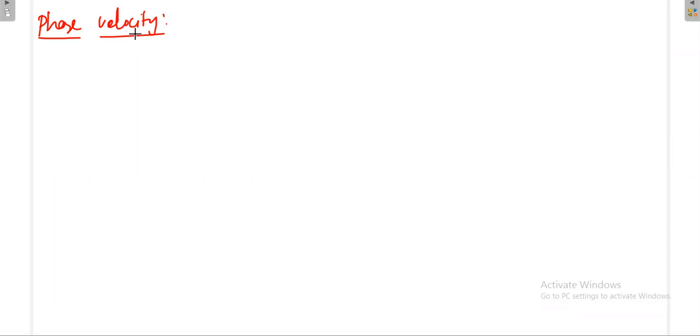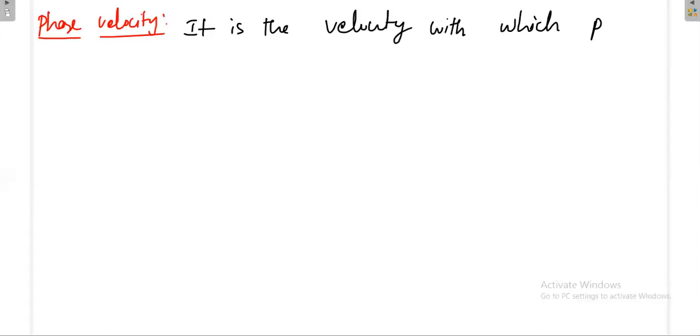We are not telling how fast the signal is changing, but how fast the phase of the signal is changing. So what is phase velocity? It is the velocity with which the phase rate changes.